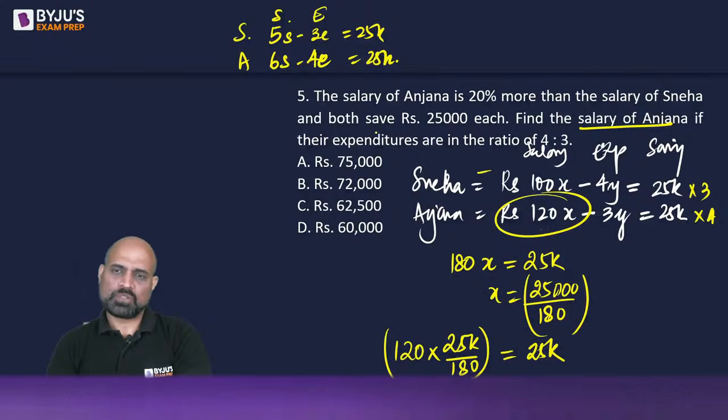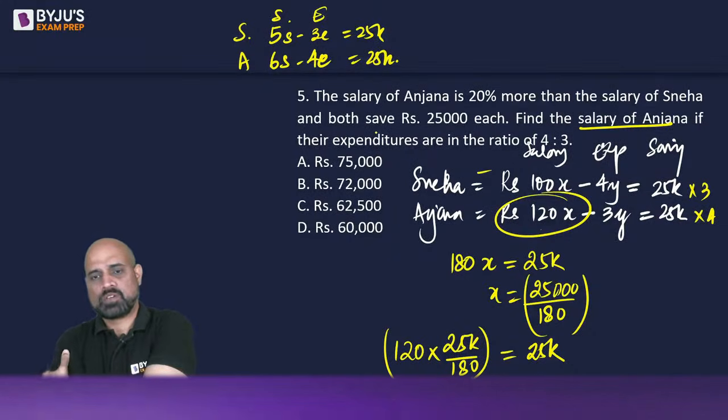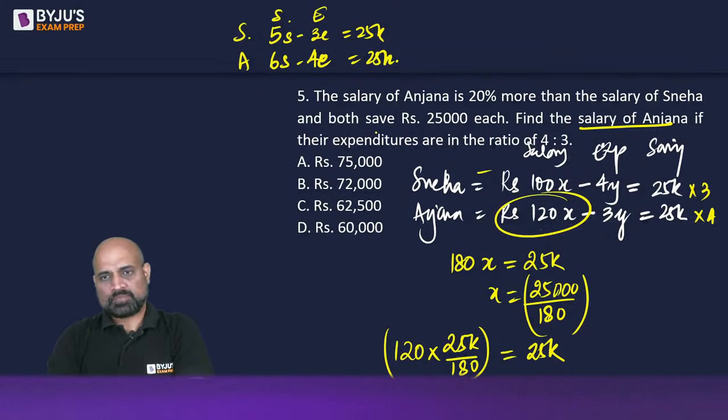Because the two are such that one is more and one is less. Does it mean their salary and expenditure are reversed? That's the only thing that we can think of.